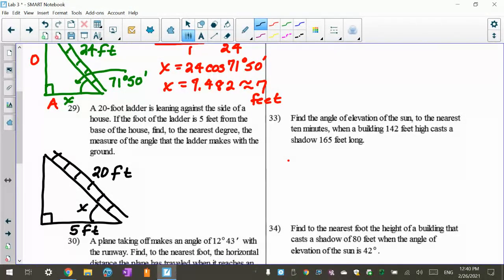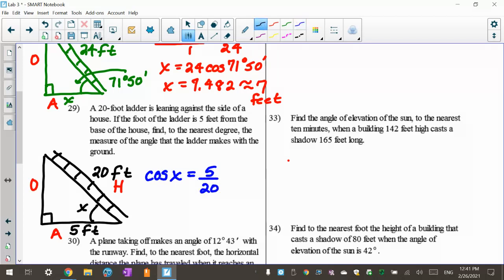So I know I'm going to have to use an inverse trig function. Still, I'm going to label it HOA, H-O-A. And they want us to find the angle, so I have stuff by A and H. So I'm going to use cosine here. So cosine of angle x is going to be 5/20. And I know that reduces down, but don't worry about that.